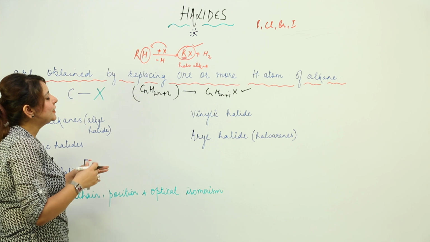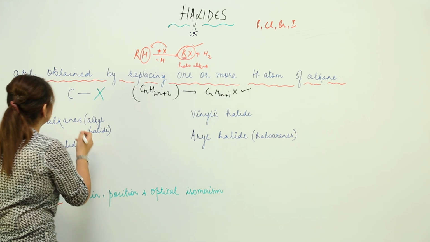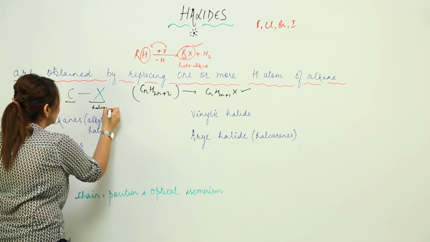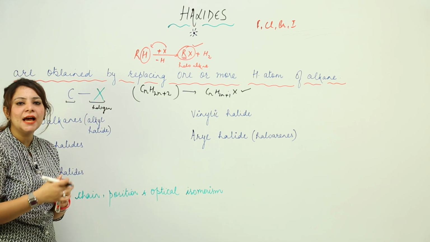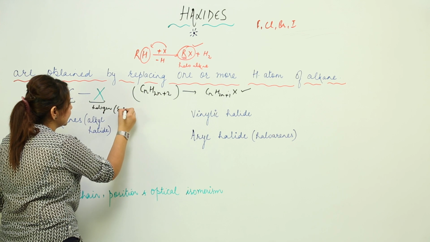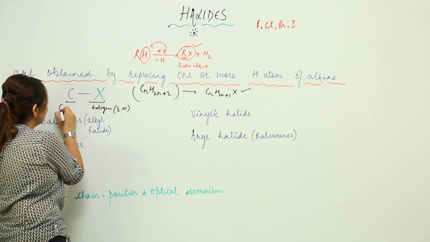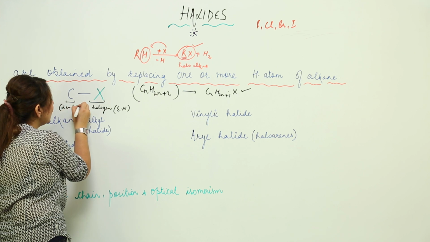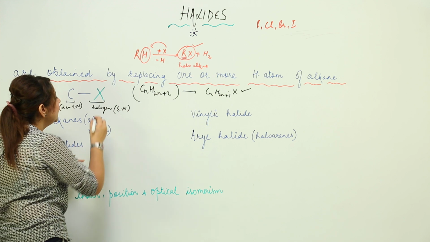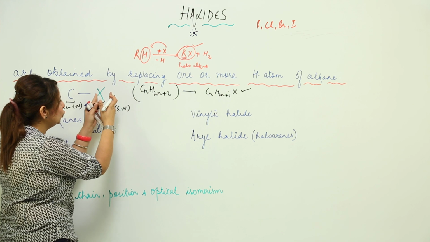Now in haloalkanes there is a bond between the carbon and the halogen. As we know, halogen is more electronegative than carbon, so this covalent bond becomes a polar covalent bond because the halogen attracts the shared pair more toward itself.